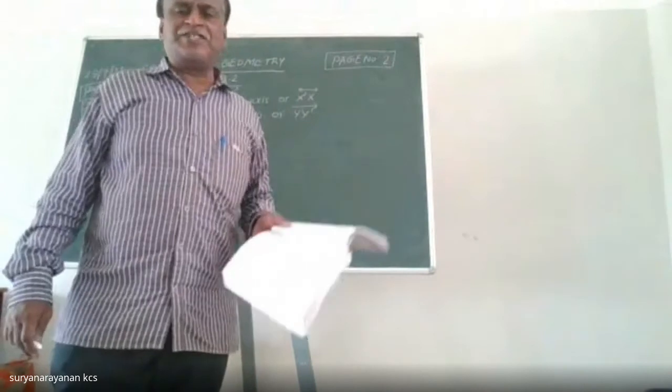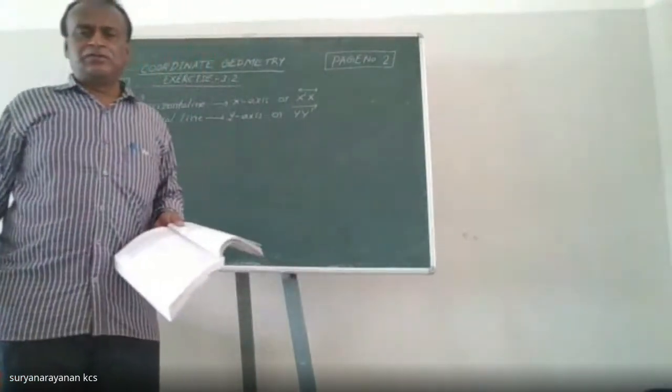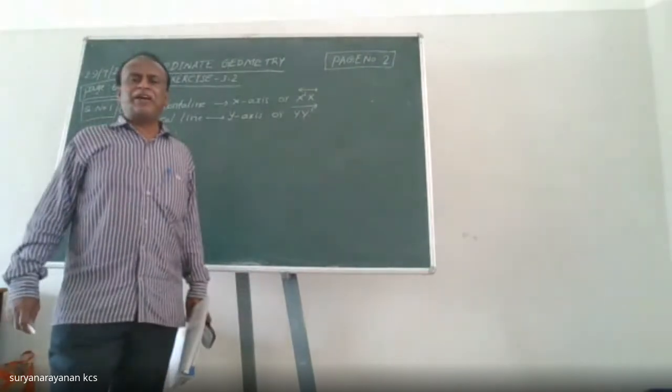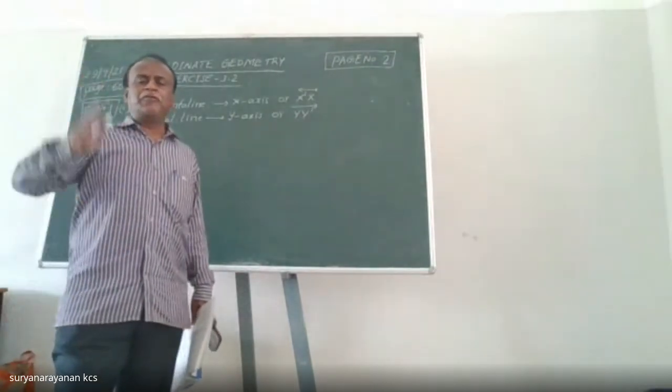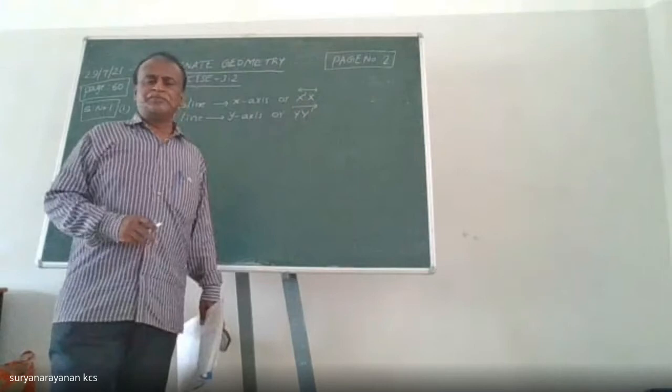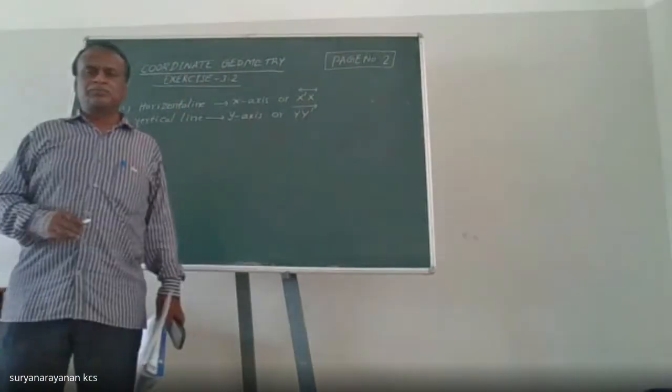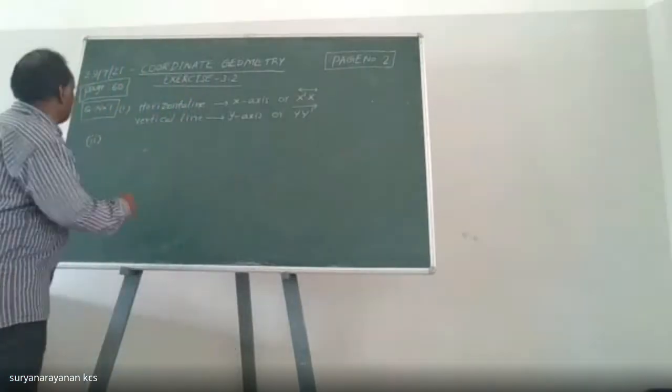These two lines divide the plane into four parts. What are the four parts called? Quadrants. Very good.